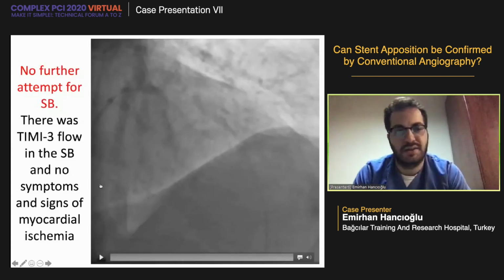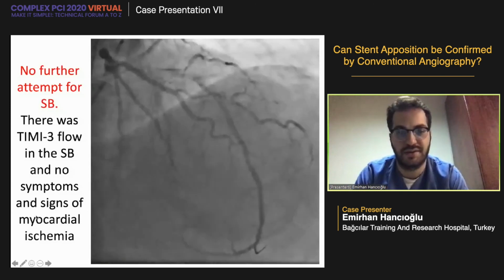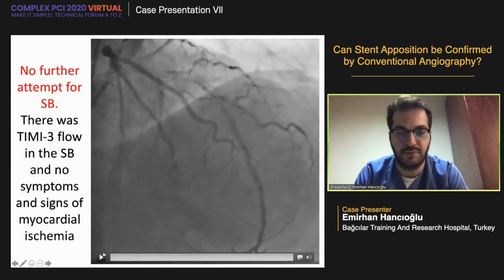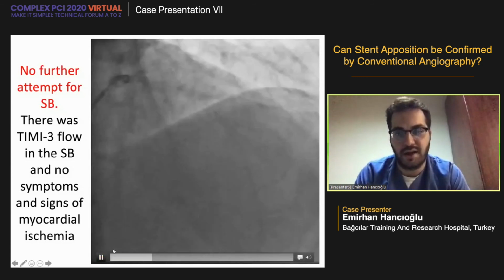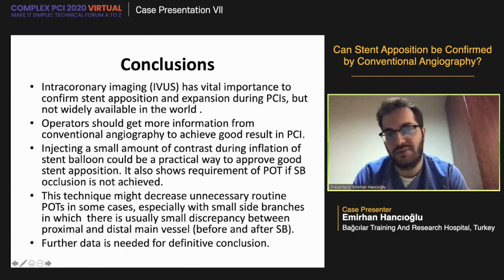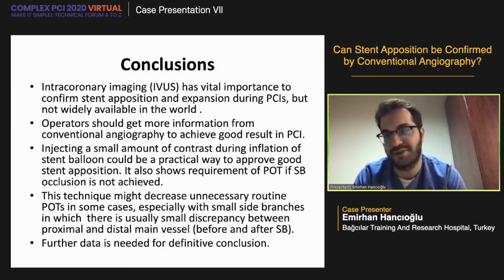We made no further attempt on the side branch because the patient's symptoms and signs were relieved, and there was TIMI 3 flow at the side branch. As a result, we know IVUS is very important to confirm the stent apposition or expansion, but it's not available everywhere in the world, especially in our country.